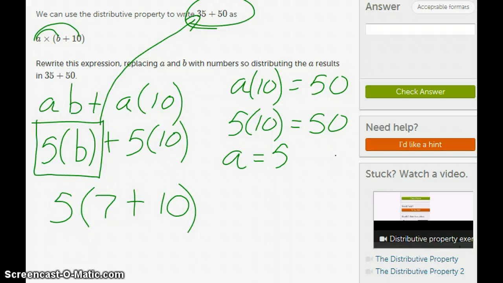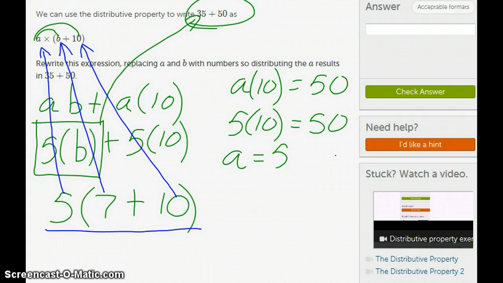And again, as you look at this, A is 5, 7 is B, and the 10 stayed the same. When you type this in, you don't have to show that multiplication there. It is understood to be multiplying right there. Okay? So your answer will be 5 times 7 plus 10 as your answer.